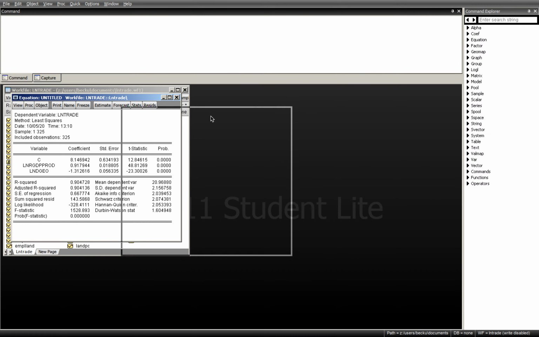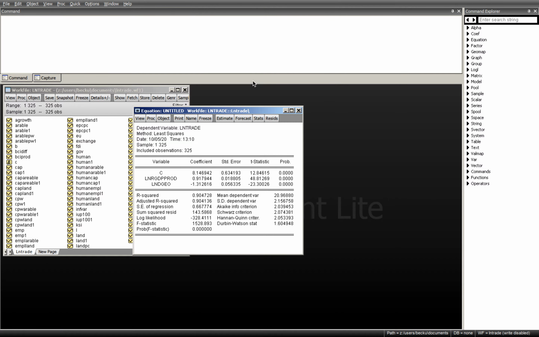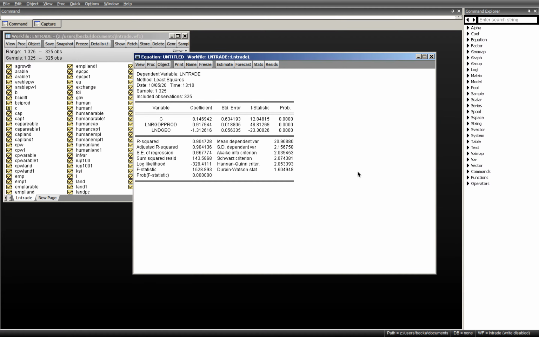And look, it's already done. Let me increase the size of the window a little bit. I don't think it helped much, but I hope you can see everything. Again, this is the constant. We are not interpreting this. It's not important to us. What is important to us is what we got over here.